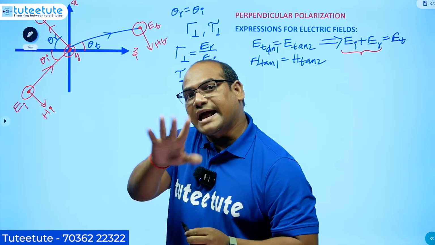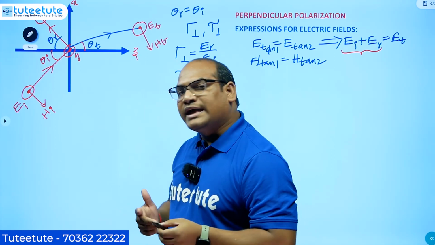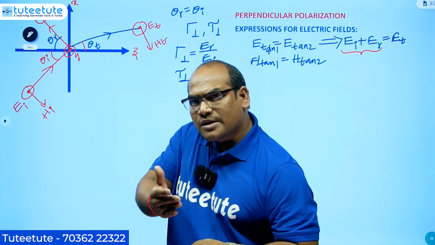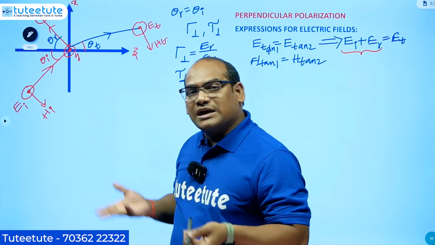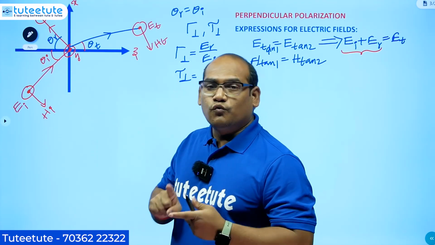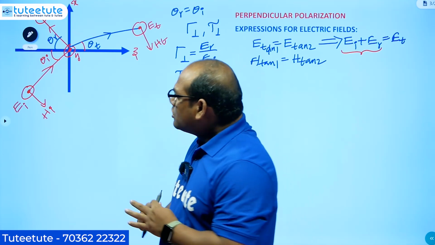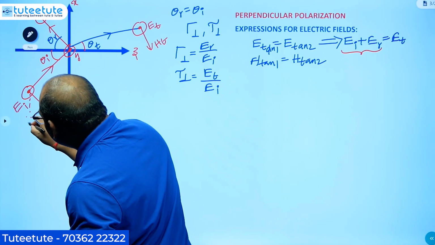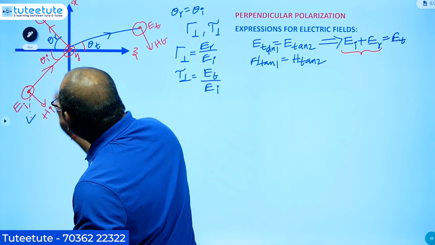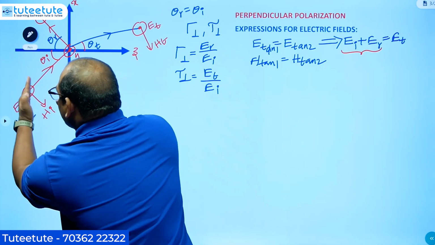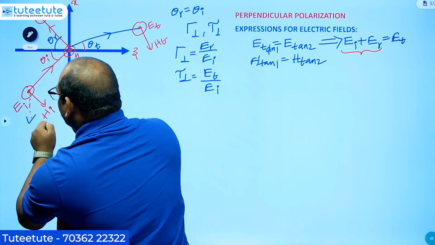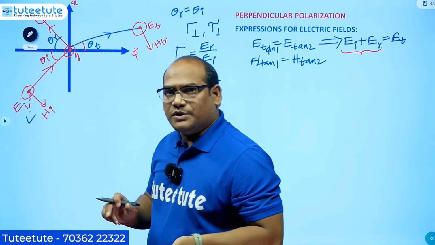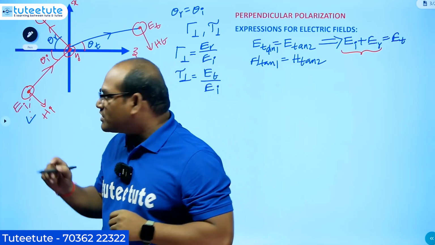We need to take the tangential component only, and the normal component is not required. So we have to resolve this particular vector into two vectors. One is the tangential, along the interface. If you take it like this, that is the normal component. Anyhow, the normal component is not required to us.